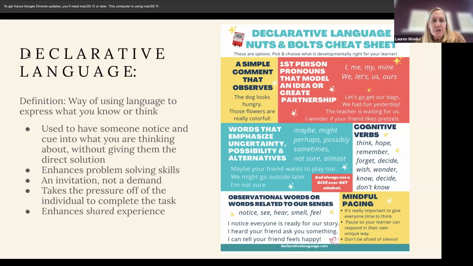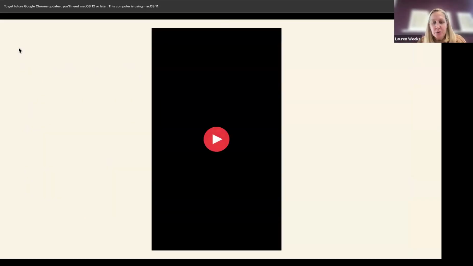And what she says, which I agree with, is using more declarative language allows kids some autonomy and independence, and is the easiest way to get them to think about what we're wanting them to do without placing the demand that is going to send them 100% the other direction. So the way we utilize language is really going to be helpful in helping kids think about what we're asking of them.